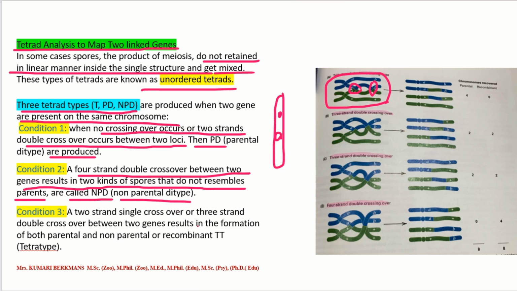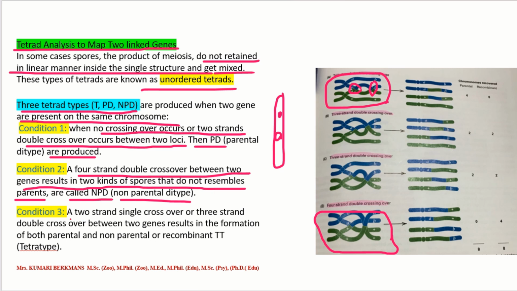Four strand crossing over occurs, that is this type. Four strand, two genes, the crossing over is between two genes. So this is called non-parental ditype.